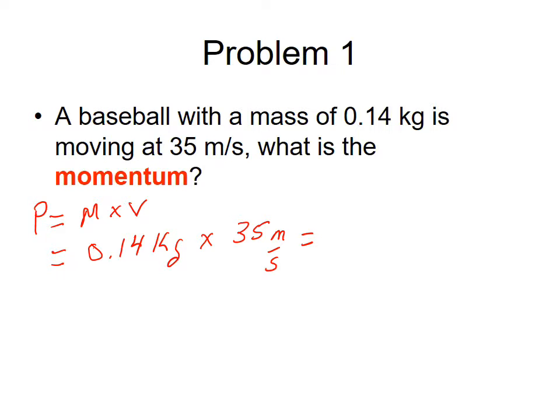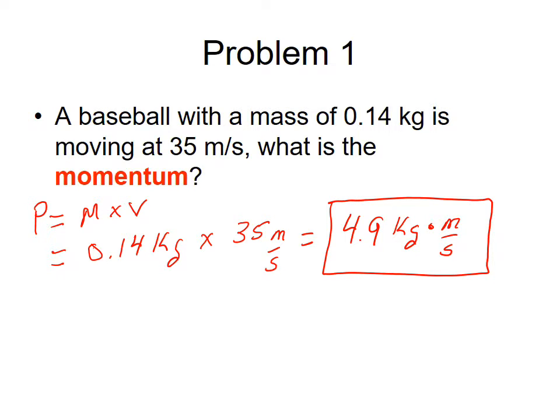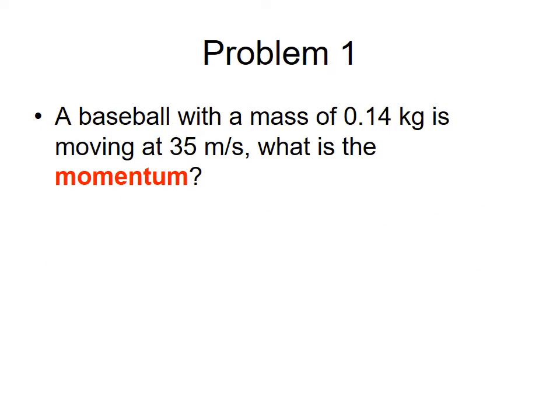And when we run the numbers through the calculator, we come up with 4.9. And our units for momentum, there's no special unit like we would have in force with newtons, so it's just going to be kilogram times meter per second. And that's how you'd report it, 4.9 kilograms times meter per second.